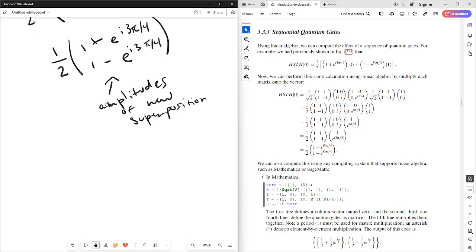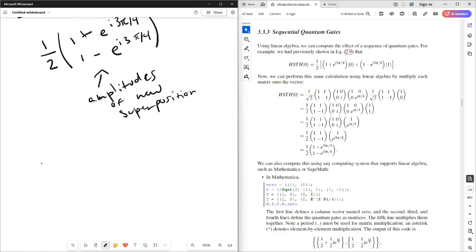In other words, we could write this as 1/2 times (1 plus e raised to the i3π/4) state 0, plus (1 minus e^(i3π/4)) state 1.